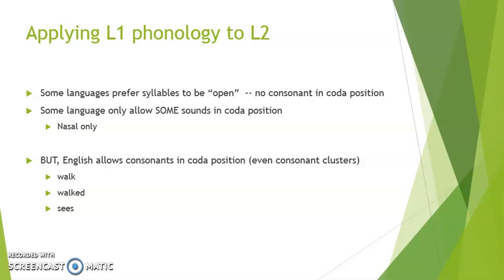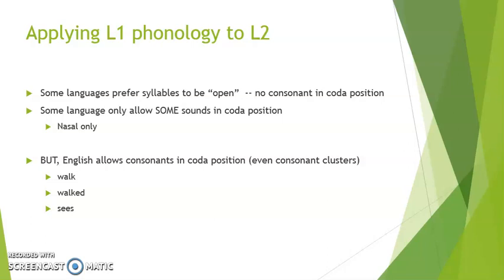So this is a phonological pattern that it might be difficult not to apply when learning a new language. This is something to think about when we listen to learner language and the patterns that we might be hearing.